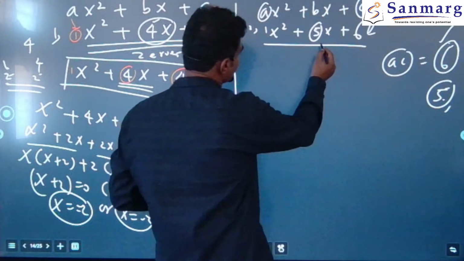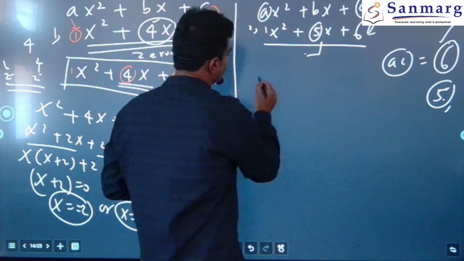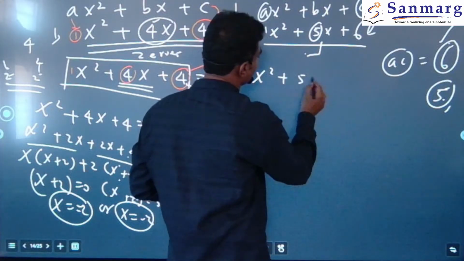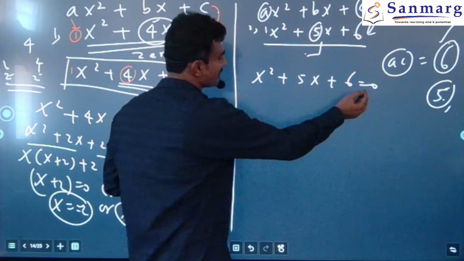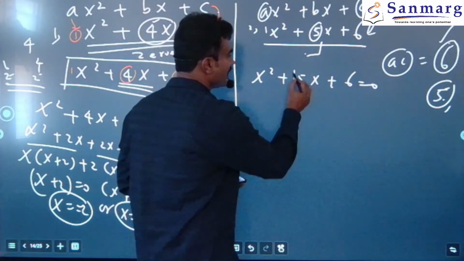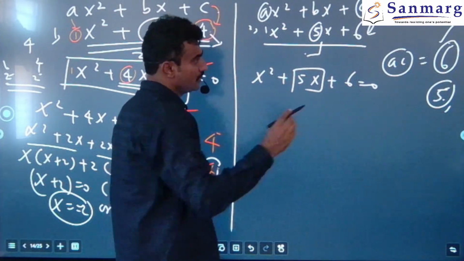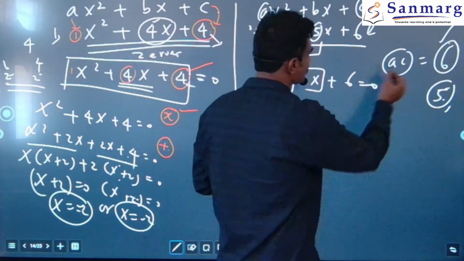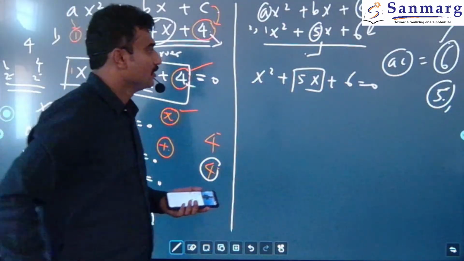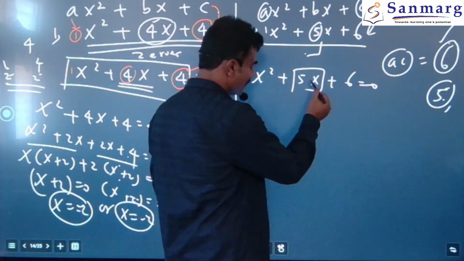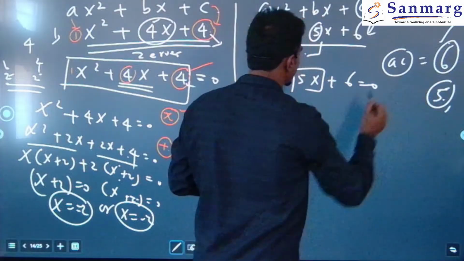Using those numbers, we can split this middle term of the expression x square plus 5x plus 6 equal to 0. Split the middle term so that the product of the numbers should be 6 and the sum is 5.